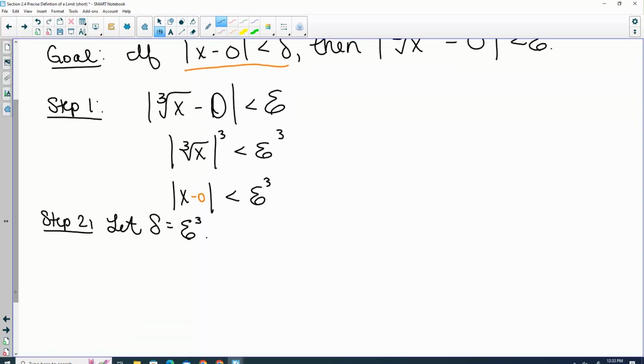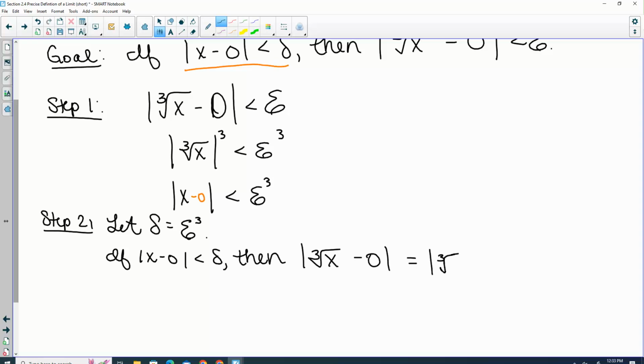So we're going to say, if the absolute value of x minus 0 is less than delta, then the absolute value of my function, which is cube root of x minus my limit, which was 0. And now we work it out. Basically doing the same thing that we were working with before. So, cube root of x minus 0, that's just the cube root of x.